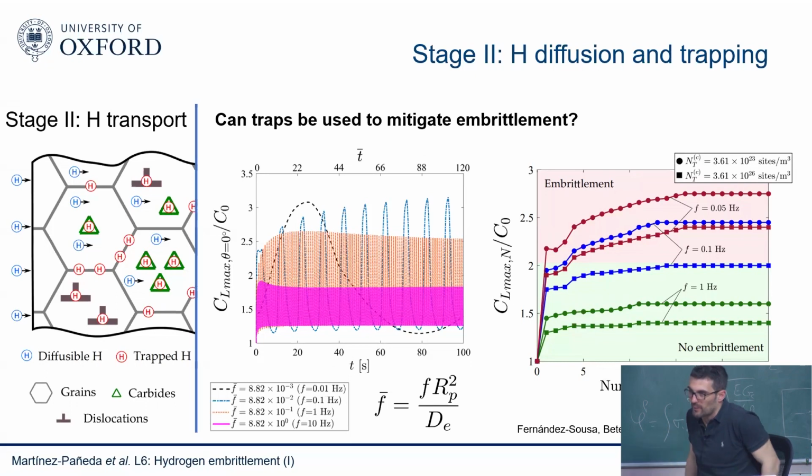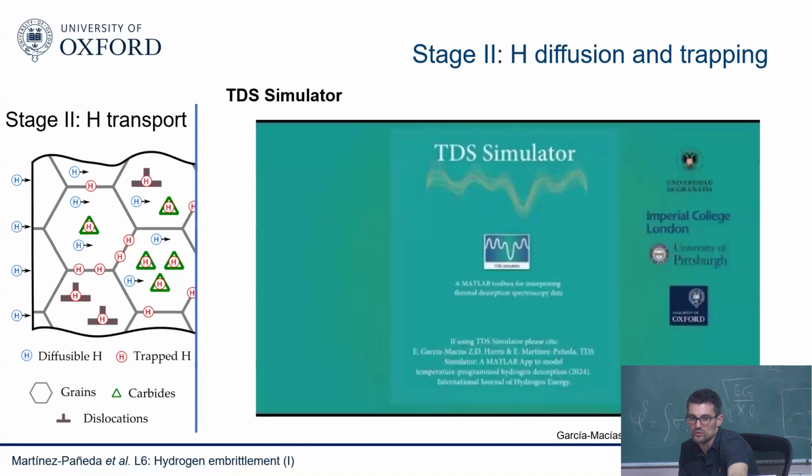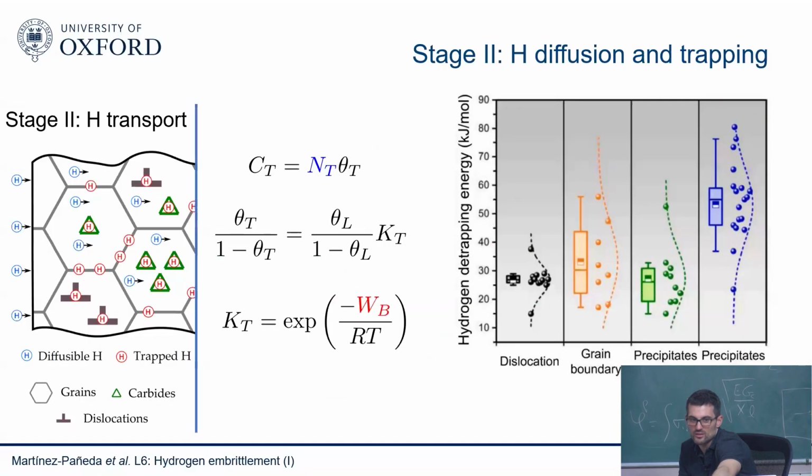So my guess, I never looked into it very carefully, but my first answer will be that trapping probably dominates in that behavior. Because you can see that the trapping is quite significant. If your binding energy is quite strong, and they seem to have reported some very strong binding energies of 90 kilojoules per mole in some of these, you'll basically have some very significant accumulation. Very little hydrogen in the lattice will drive significant accumulation in your carbide.